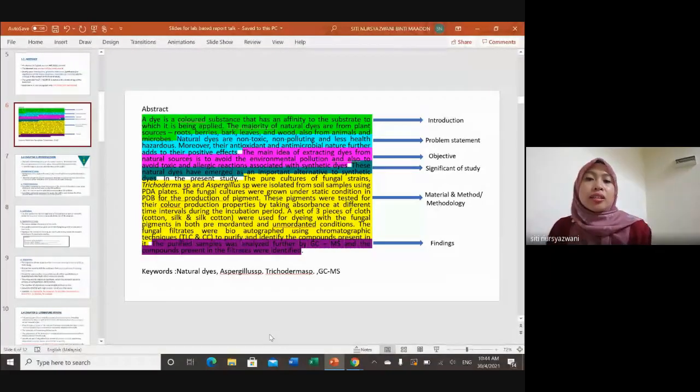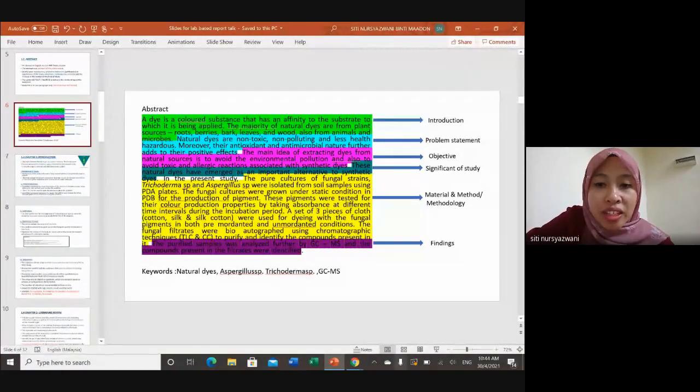Okay, sebenarnya yang macam dekat sini ni, kat findings ni pun dia tak letak details pun dia punya results. Okay, apa findings dia. So yang perlu ada ni macam yang saya cakap lah, ada introduction sikit, perlu ada intro you punya project. Problem statement pun perlu ada. Okay, objektif you punya objektif, and also significant study, method.